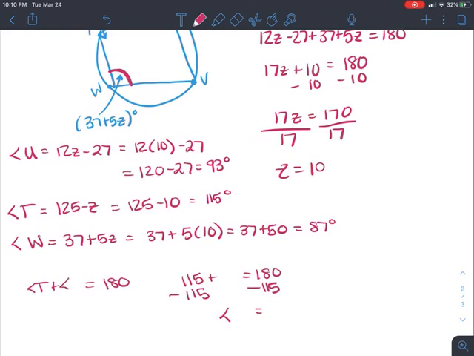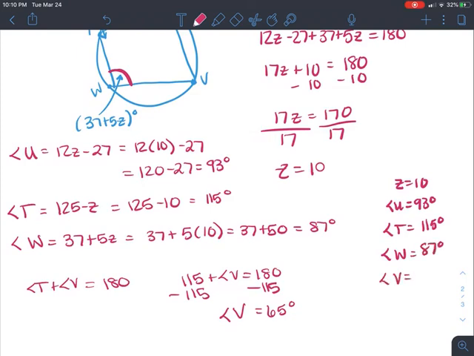So angle V is equal to 65 degrees. I will sum it up. Z equals 10. Angle U equals 93 degrees. Angle T equals 115 degrees. Angle W equals 87 degrees. And angle V equals 65 degrees.